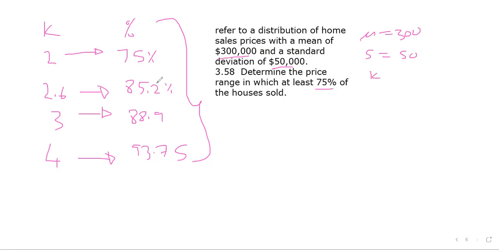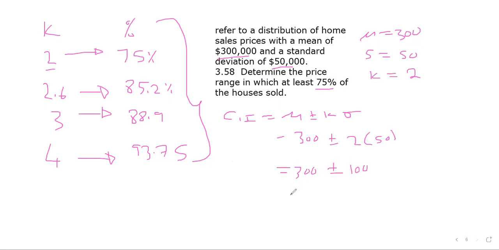From the percentage given, we know the k is 2. So how do we find the confidence interval under Chebyshev's rule? Mu plus minus k standard deviation. So here we have 300 plus minus 2 times 50. What do we have? 300 plus minus 100. So we subtract there, we have 200. We add there, we have what? 400. So this is the interval under Chebyshev's rule in which we are at least 75% sure that the houses will be sold.